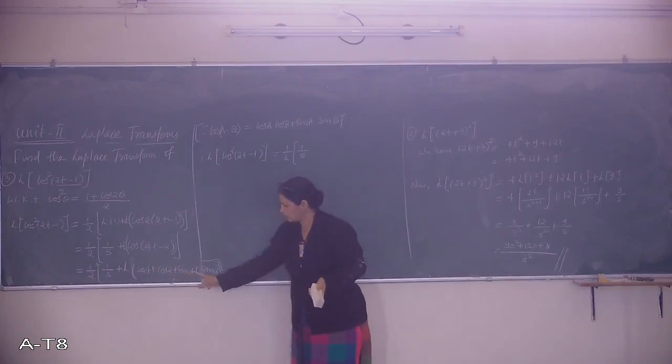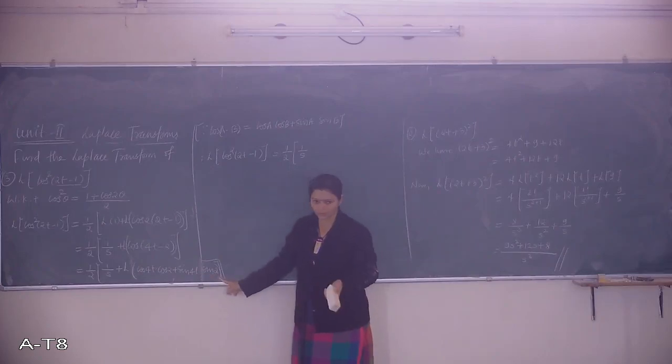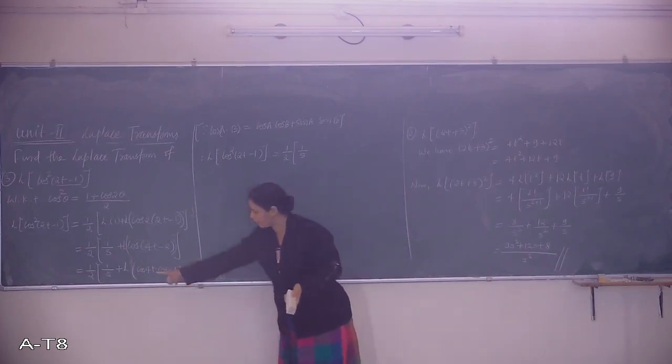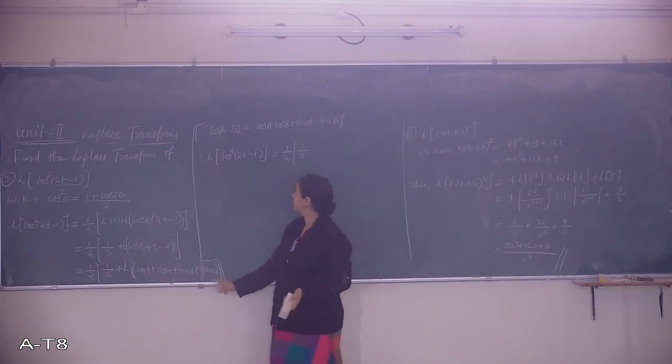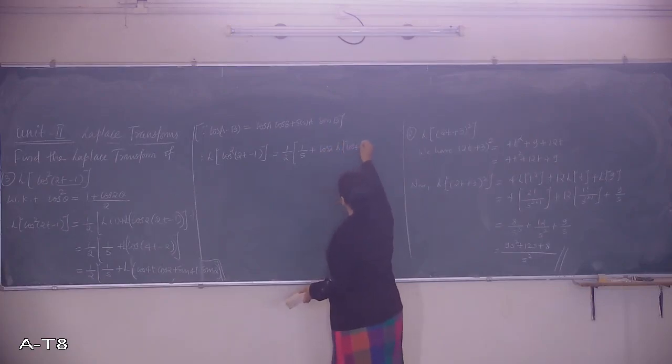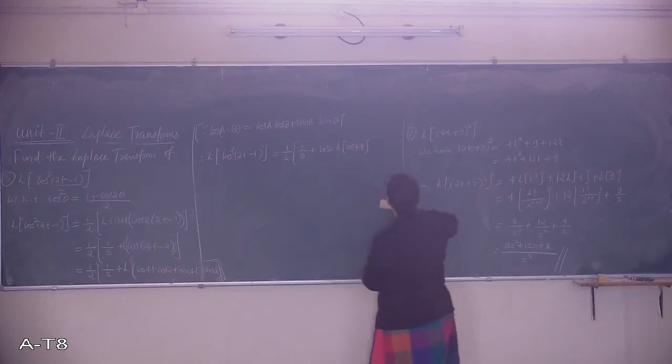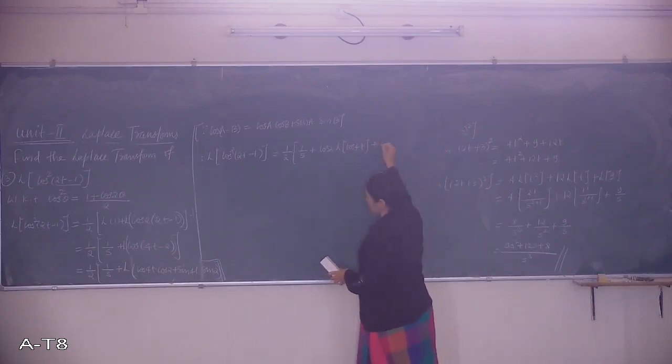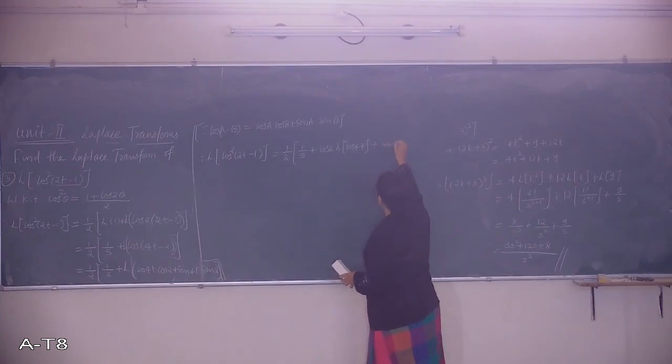Similarly, sin 4t is a function of t and sin 2 is a constant. So we apply the linearity property: plus cos 2 into Laplace transform of cos of 4t, plus sin 2 into Laplace transform of sin of 4t.